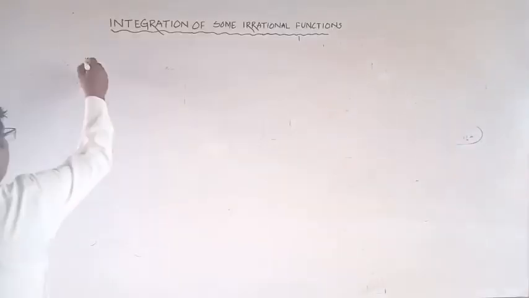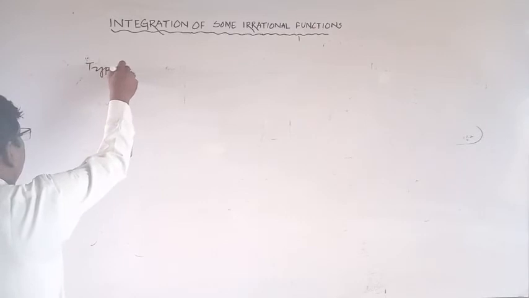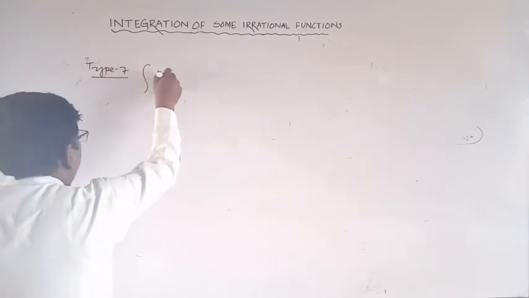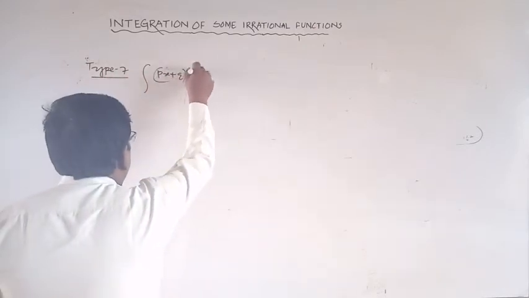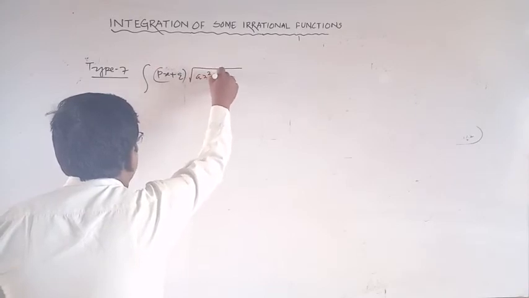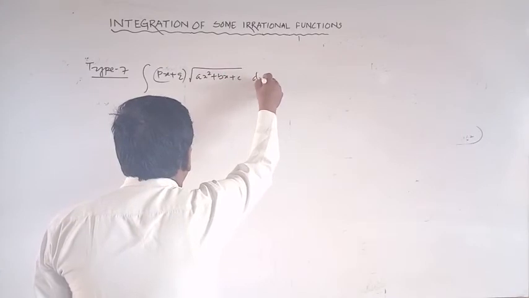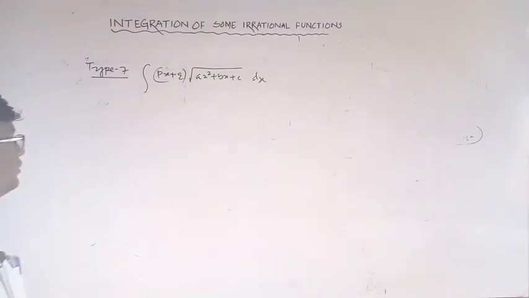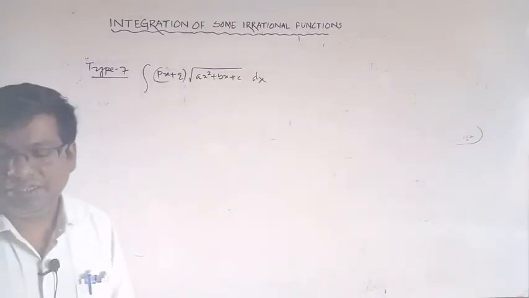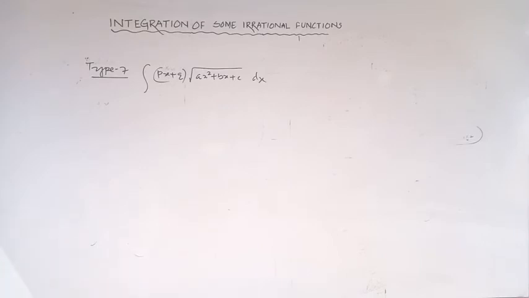Okay. Another type, that is type 7. Type 7, integration of px plus q root over ax square plus bx plus c dx. How can it be solved? Okay, procedure.